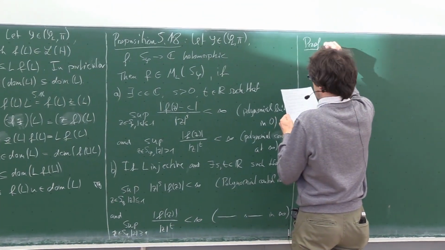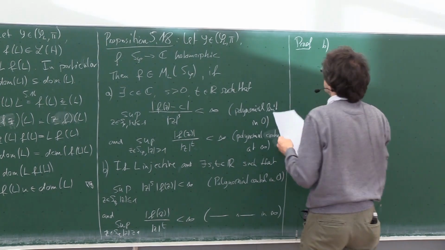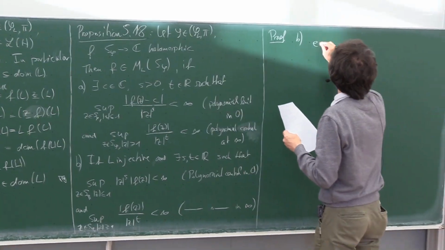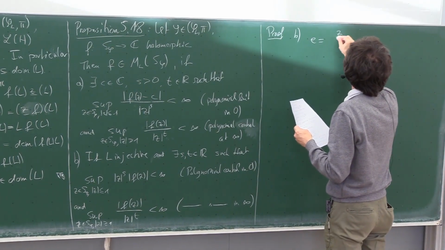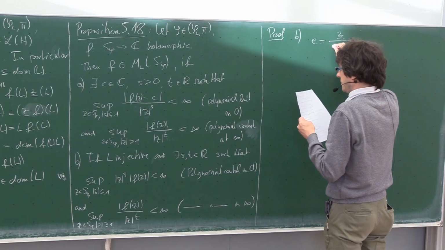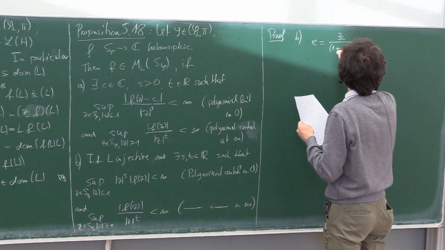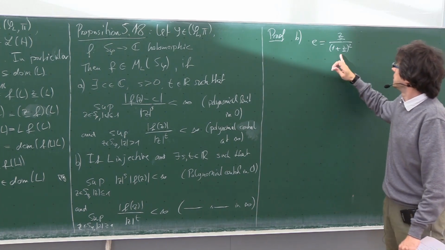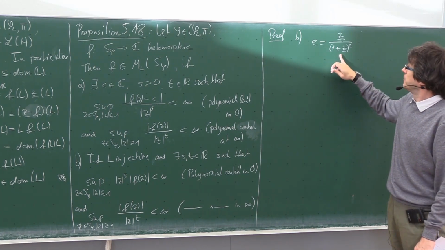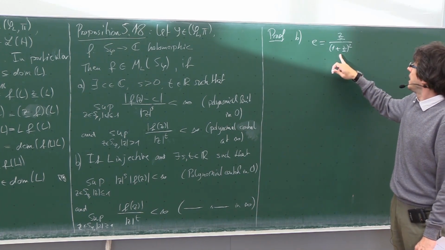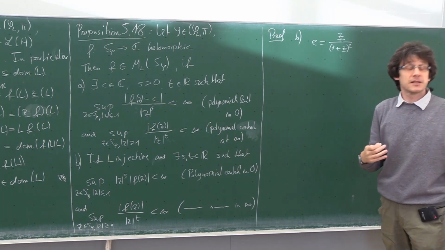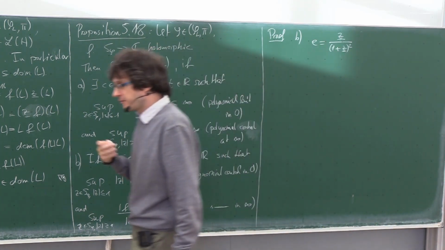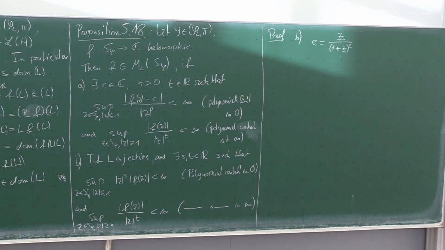So let's start with the nicer case, start with B. And as a regularizer, I will take z divided by 1 plus z squared. This is a regularizer because L is injective. And we've seen that once you have regularizers, products of regularizers are again of the same quality.